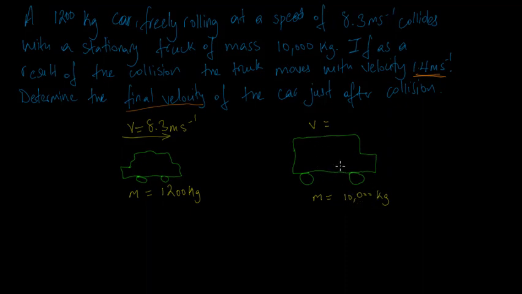Now, because this truck is stationary, it is not moving, and therefore its velocity will be 0 meters per second. The question wants us to determine the final velocity of the car just after collision.